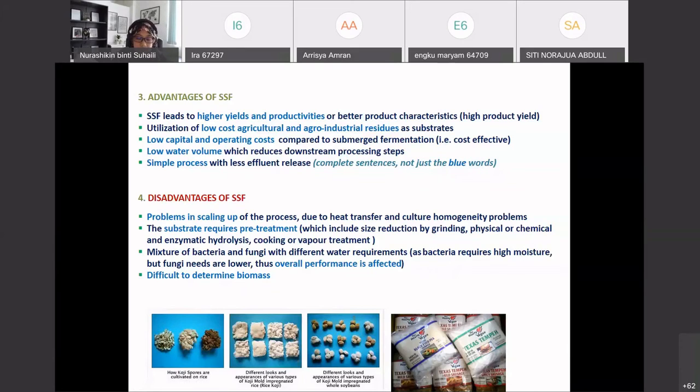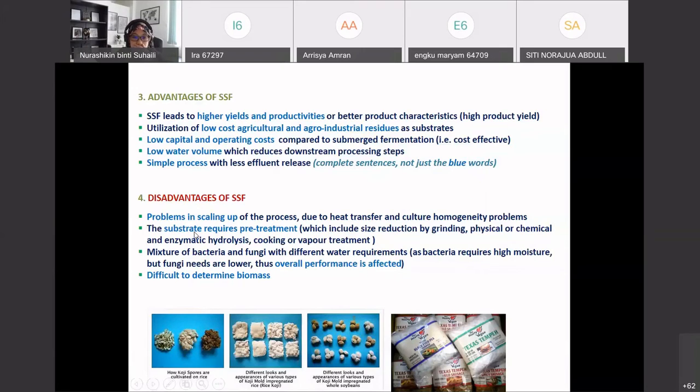Let's say you have studied in the lab scale, you have identified all the good parameters and the best conditions, and you want to upscale the production. You want to increase from shake flask to tray, or maybe the rotating drum, to carry out the solid state fermentation. The translation of the scales is not as easy as liquid fermentation. So that's one of the challenges of SSF, which is scaling up.